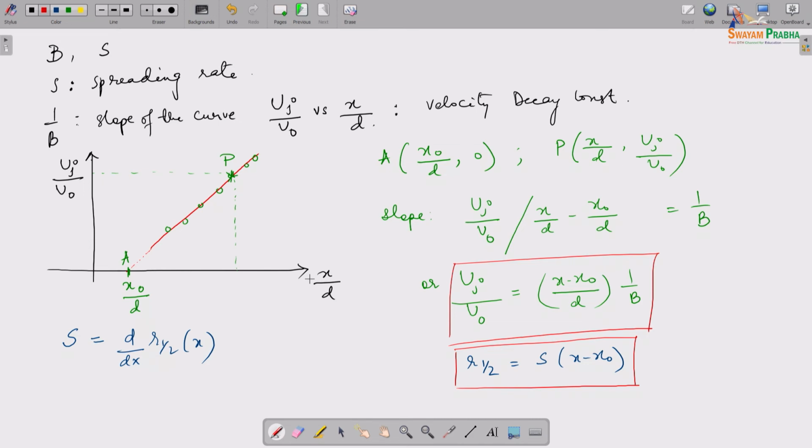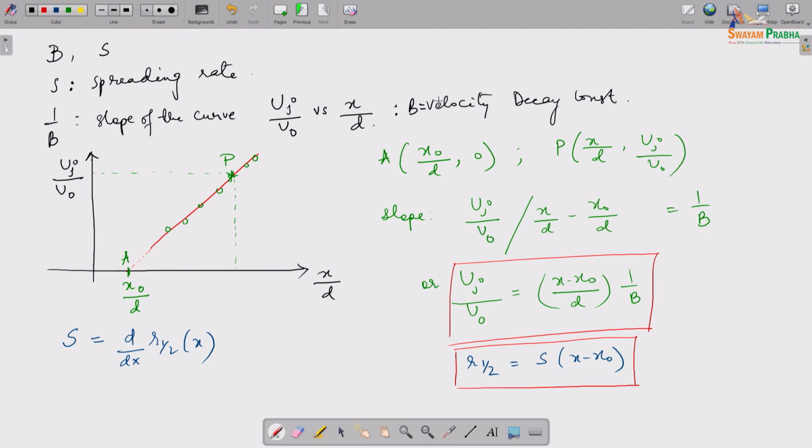So you can take these values on the y axis and x by d on the x axis, and you can take that for any of the 5 jets that we are talking about right now, and those points are bound to fall on this line, which means all of them have the same B and S. B is the velocity decay constant, and S is the spreading rate.